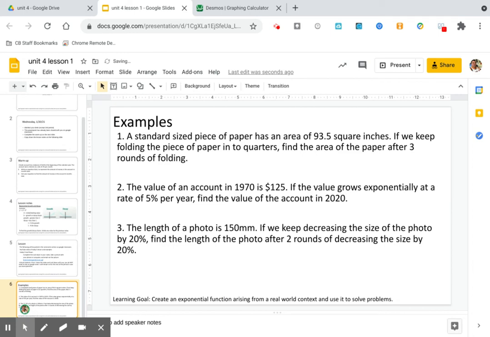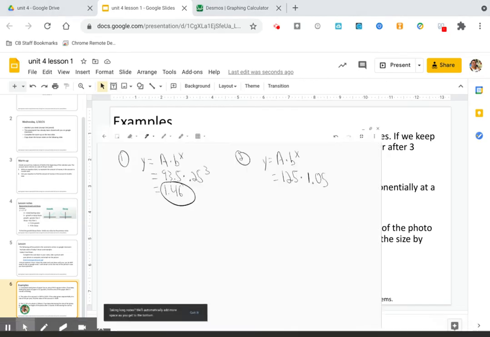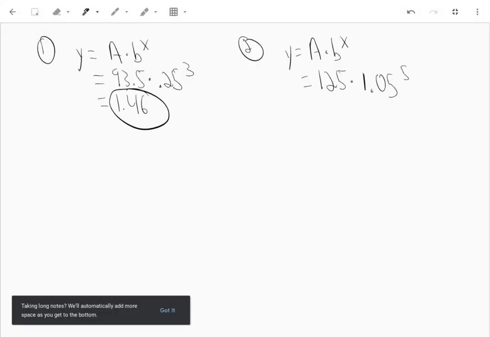Okay, find the value of the account in 2020. So 2020 is how many years later? Well, from 1970 to 2020 is, let's see, that would be what, 50 years? 1970 to 2000 is 30 years. 2000 to 2020 is 20 years. So, yes, that's 50 years. So, my exponent is going to be 50.